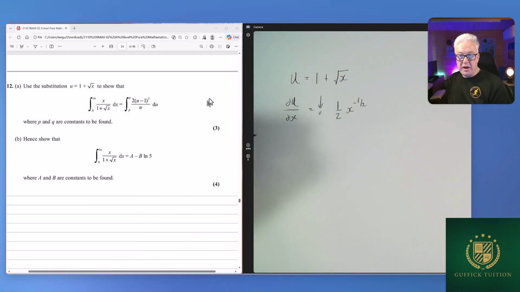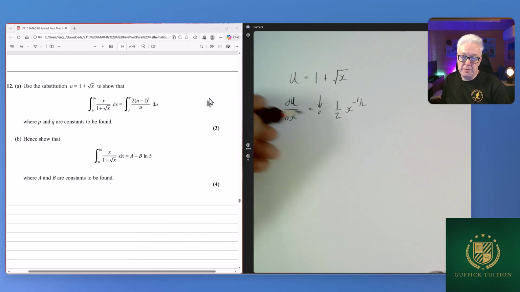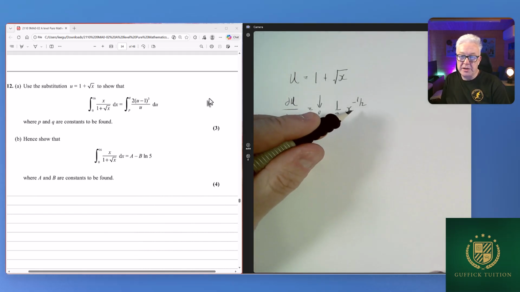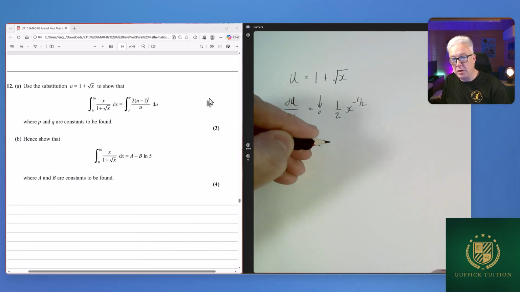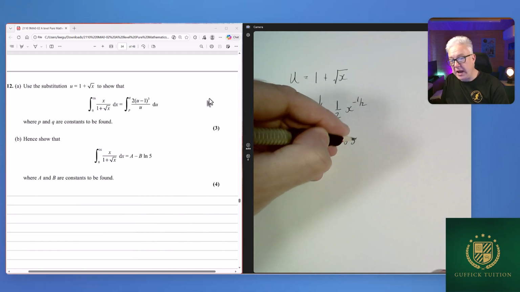Then we separate the variables, so let's times everything by 2 and times everything by x to the power of a half. So 2x to the power of 1/2 du is therefore equal to dx.